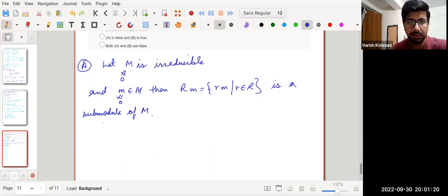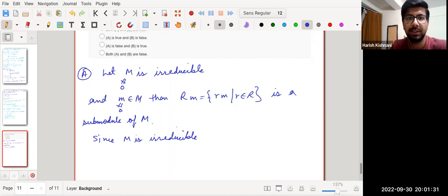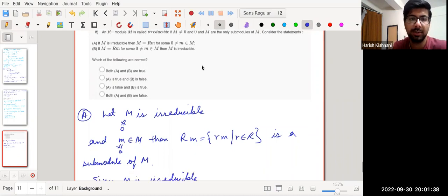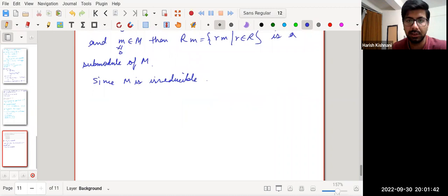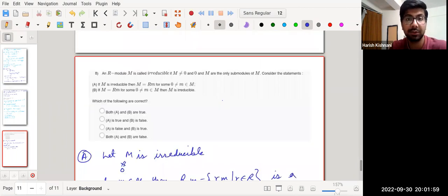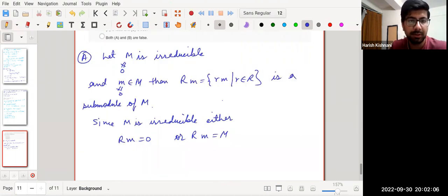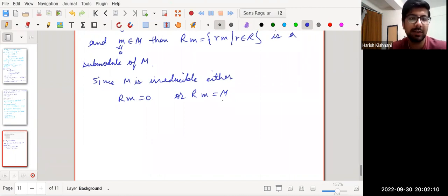Since M is irreducible, the only submodules are 0 and M, so either Rm is 0 or Rm is M. Here in the assumption, we should assume that R is a unitary ring, it must have 1 inside it. Otherwise you can just pick the zero ring.